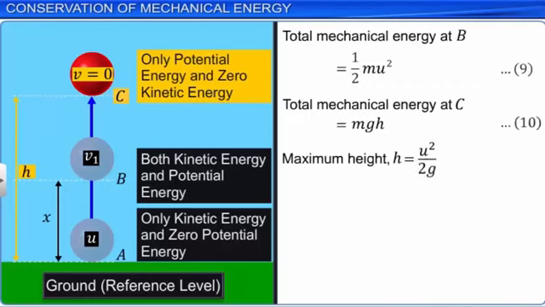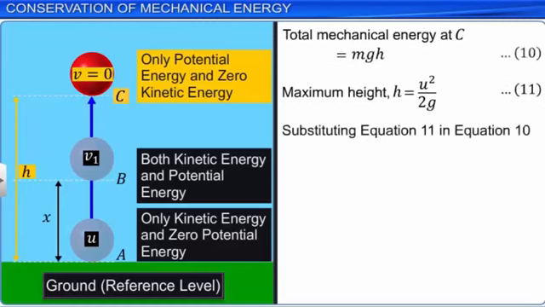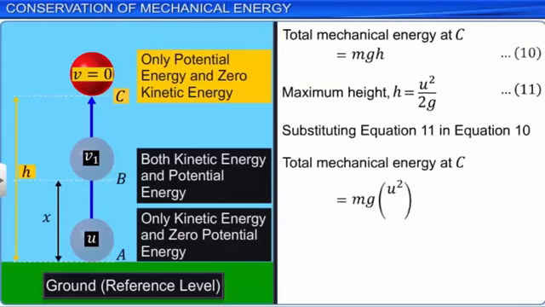Let this be equation 11. Substituting equation 11 in equation 10, we get the total mechanical energy at C is equal to mg into u square by 2g. And on simplifying, we get the total mechanical energy at C is equal to half mu square. Let this be equation 12.